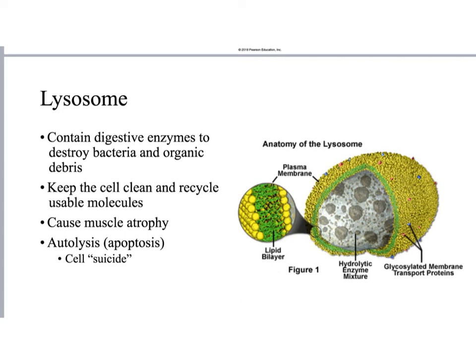And so sometimes the body will actually release the enzymes from the lysosome onto itself and will cause the cell to be dissolved by those enzymes. And we call that apoptosis, or what some people have called cell suicide. So that also occurs through the means of the lysosome.